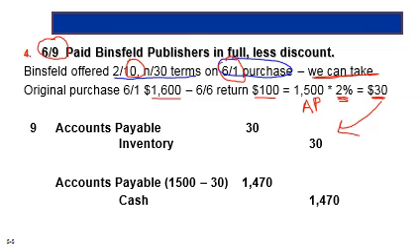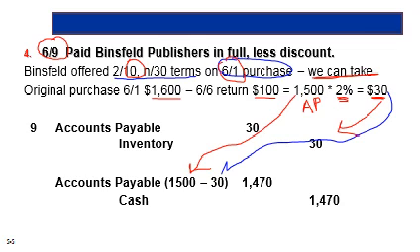After we've corrected the value of inventory and the amount that we owe, because we're paying within the discount period, we'll show that we're paying accounts payable of $1,470, which is that $1,500 balance minus the $30 discount, and then we're going to pay it.